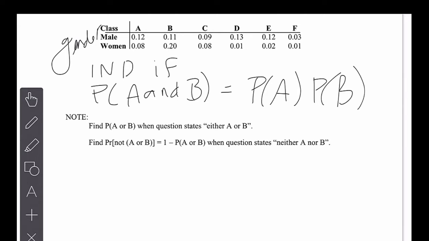I'm going to compute this, and then I'm also going to compute this. I'm going to call that the right-hand side. So we're going to say left-hand side for this computation, and I'm going to call this the right-hand side for this computation. And we're going to see if they happen to be the same.